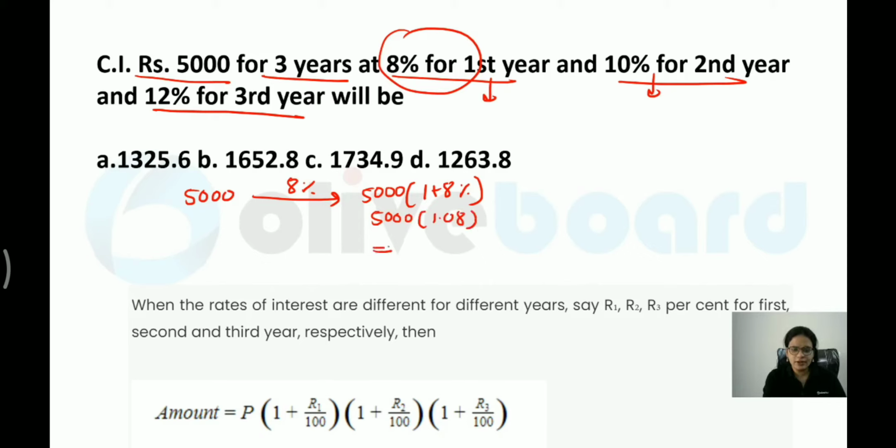So this will give me the value for second year over here. So simply multiply 5,000 by 1.08. That is nothing but 5,400. You can check this. It is 5,400 over here.